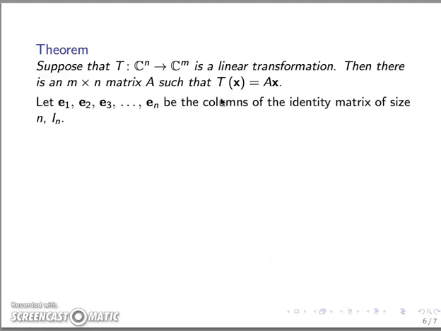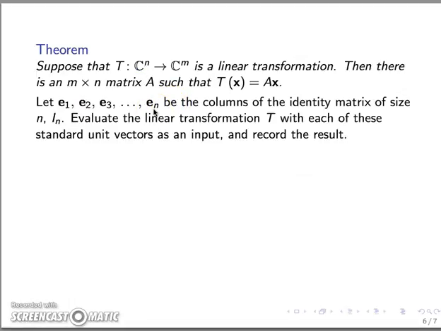And this relies on evaluating the linear transformation at each of the basis elements of Cn. Remember, the columns of the identity matrix are called the standard unit vectors, and here they're named e1, e2, all the way through e sub n. We evaluate the transformation at each of those standard unit vectors, and that evaluation is a column of the matrix that we're constructing.